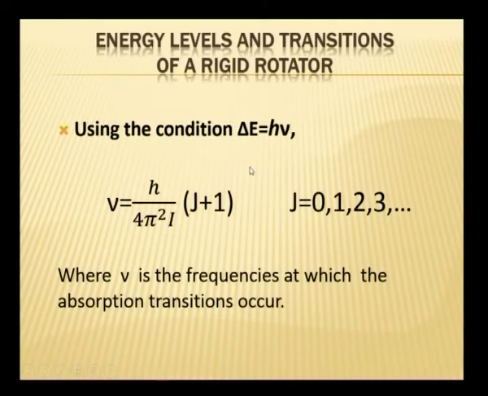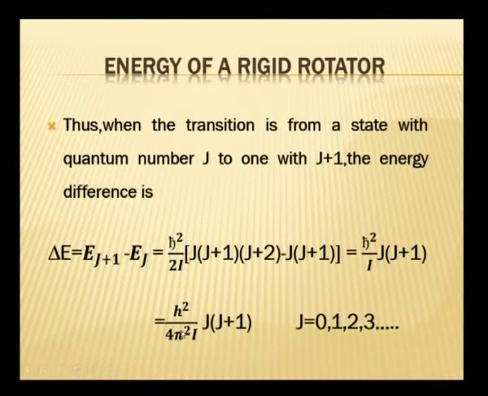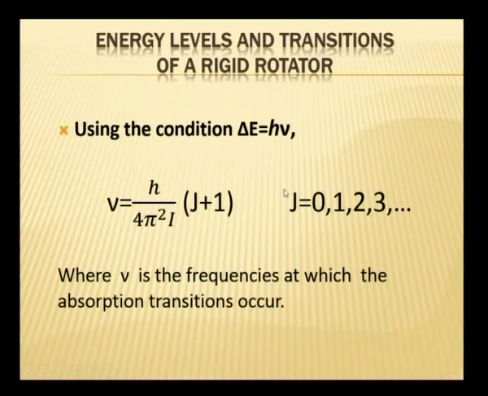E is equal to h nu, and therefore, we can now write delta E equal to h nu. Look at the expression for delta E, h square by 4 pi square I into j plus 1, that is now equated to h nu, that is what I am doing now. That becomes this thing into j plus 1. What is nu? Nu is the frequency of radiation which will be coming out when the rigid rotator goes from the j plus 1th state to the jth state.